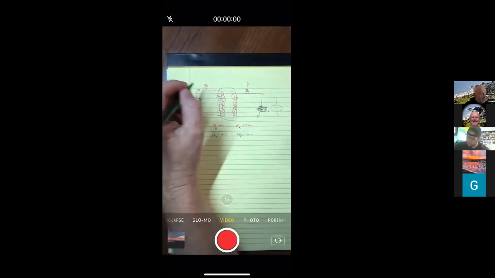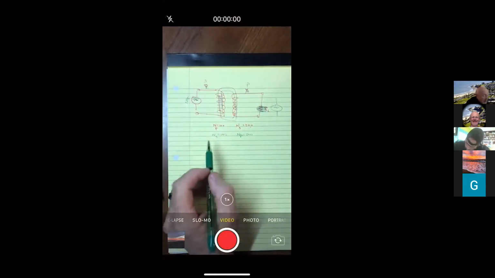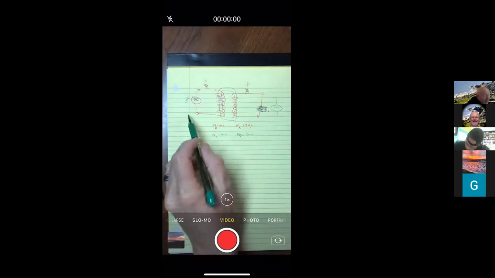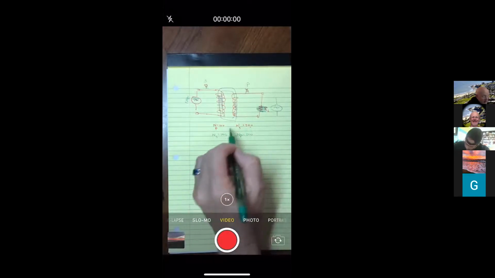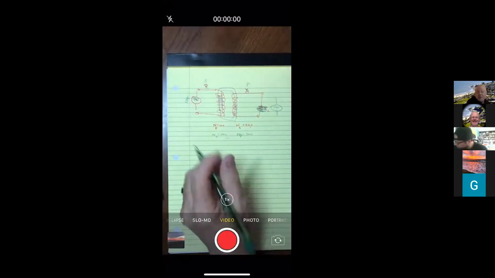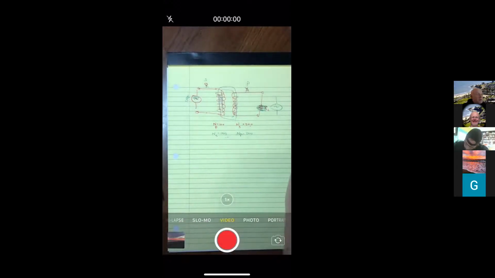So you would change this from primary to secondary, and then you would say this is a step down transformer. You would say it lowers the voltage by a factor of 2 instead of the other way, raising the voltage by a factor of 2. So watch carefully the language in the problem.